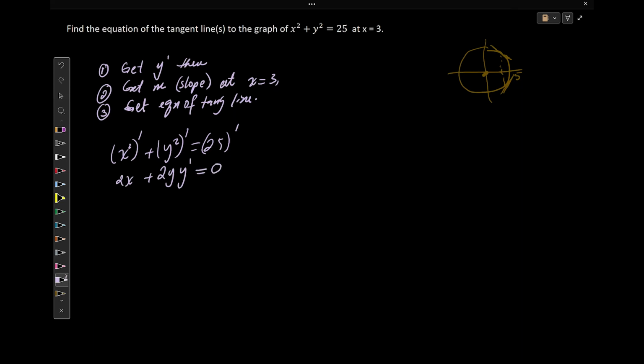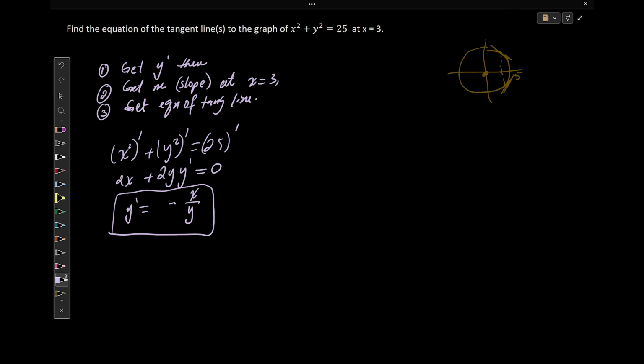Okay. And in this case, let's solve for y prime, right? So y prime is negative, the 2's cancel out, so it'll be negative x over y. There's my derivative. Okay, negative x over y.